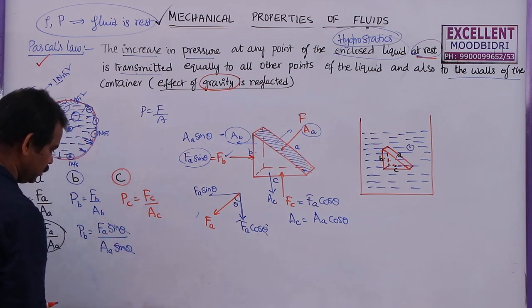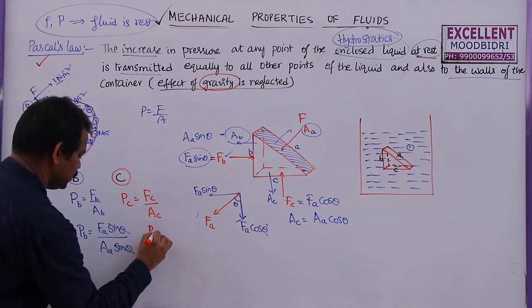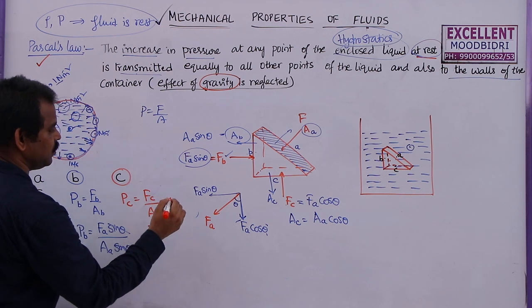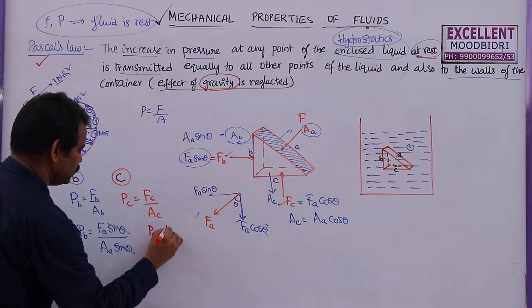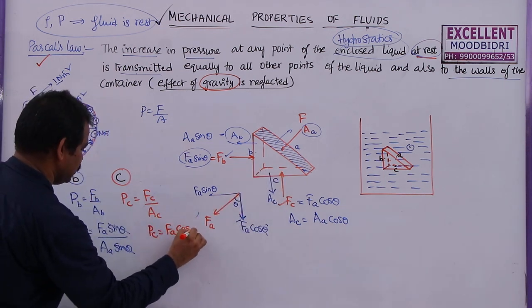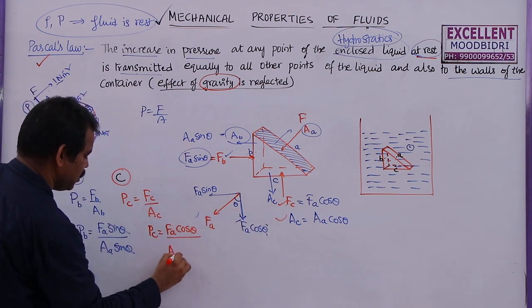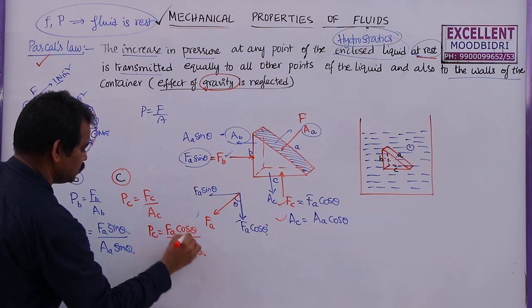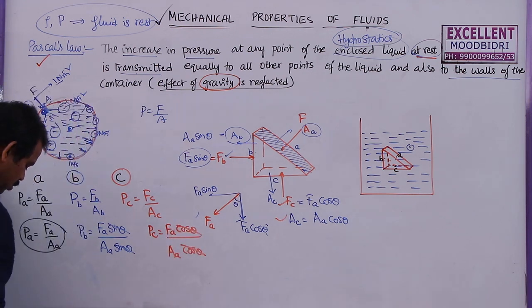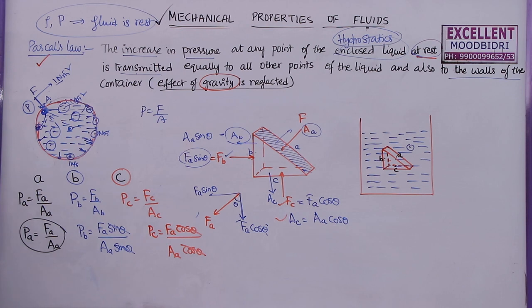Now let me see this PC. So PC can be written as FC, and what is this FC? This is FA cos theta by AC, which is AA cos theta. So these two cancel with each other. Now what are the final terms that you can write here?